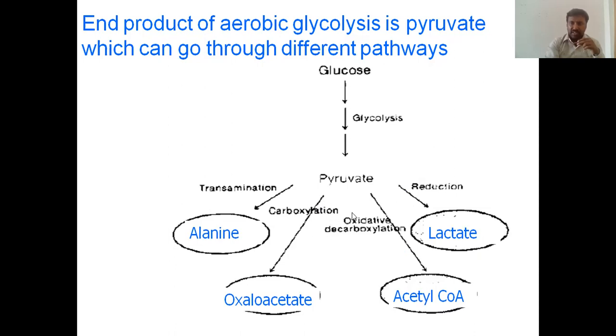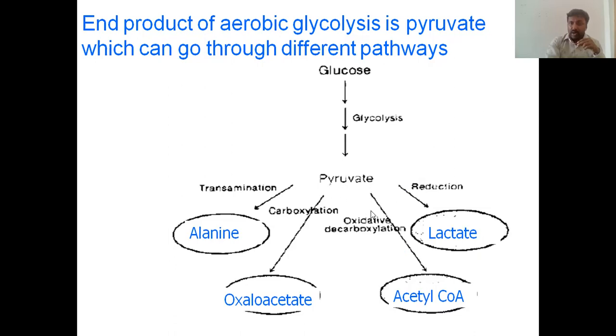When transamination takes place, which means addition of an amine group to the pyruvate, it produces alanine. When carboxylation takes place, it produces oxaloacetate.